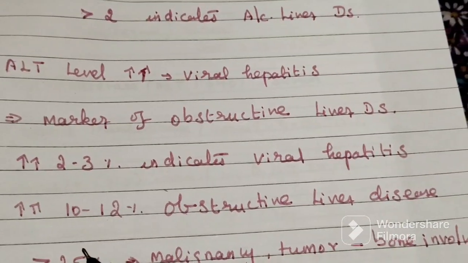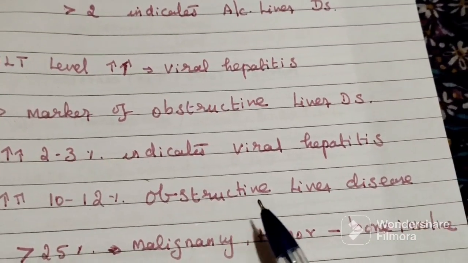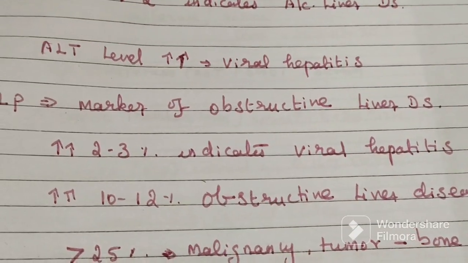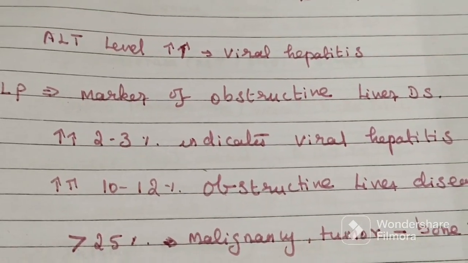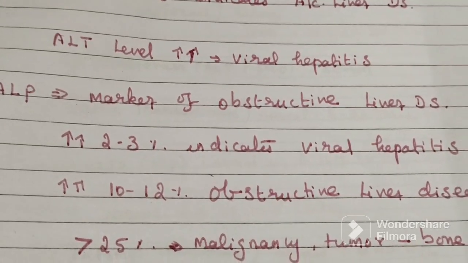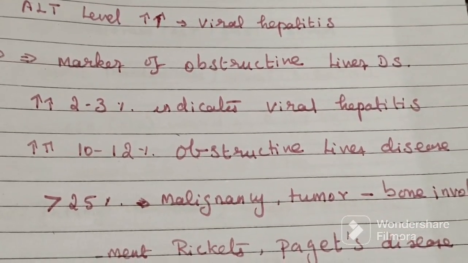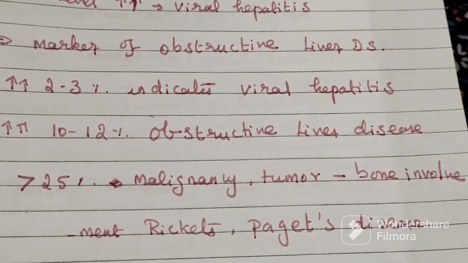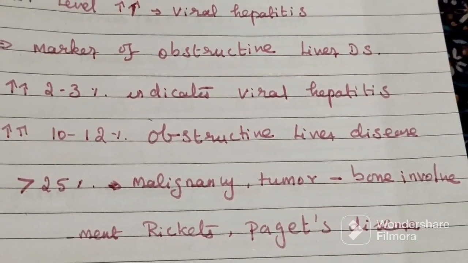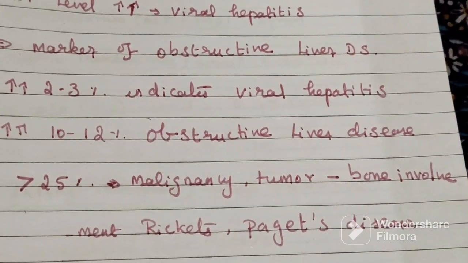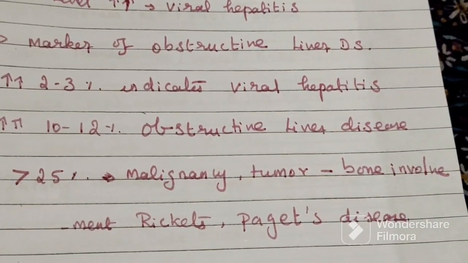An increase of 10 to 12 times indicates obstructive liver disease, but more than 25 times normal is seen in malignancy, tumor with bone involvement, rickets, Paget's disease of bone and neoplasm.